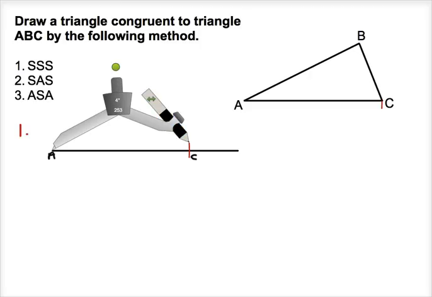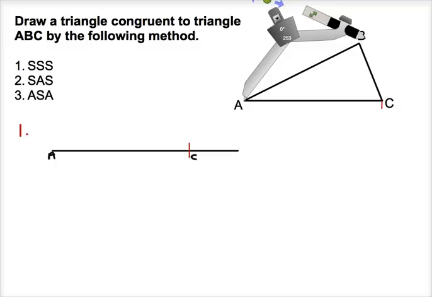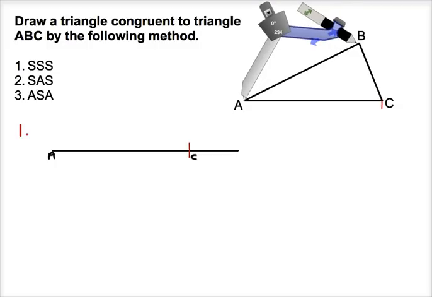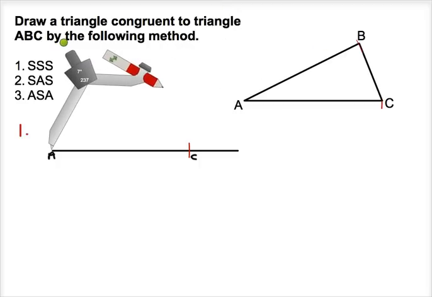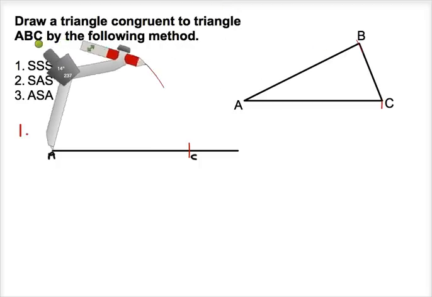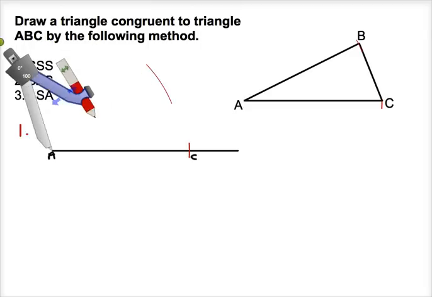Okay. Now where is B located? Well, let's measure the length of segment AB. Segment AB looks like it is that long. So I know that segment AB is somewhere out here, but I don't know exactly where. Well, let's go back and measure how big BC is.